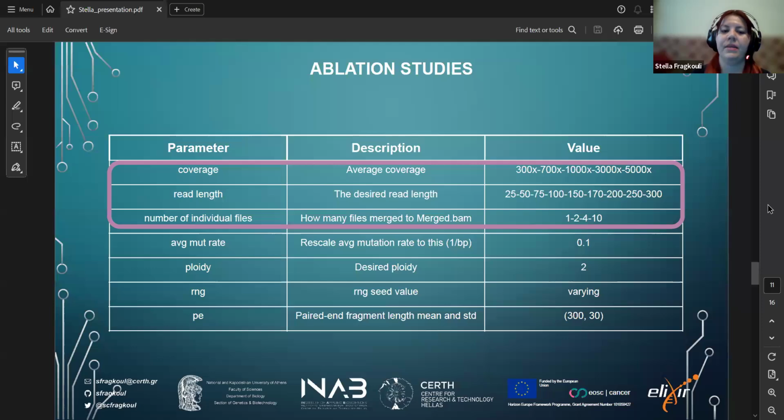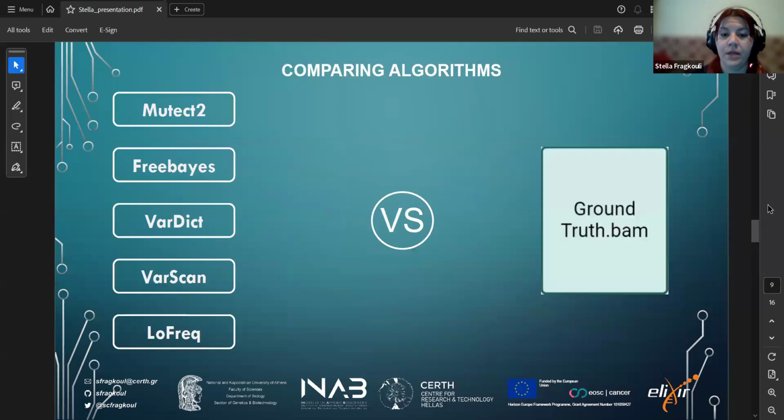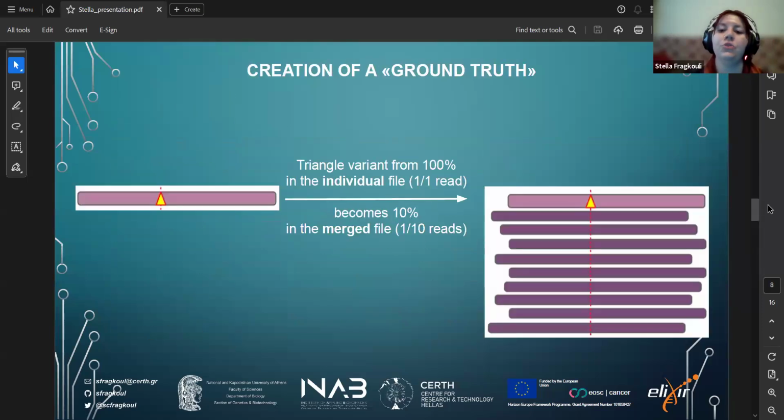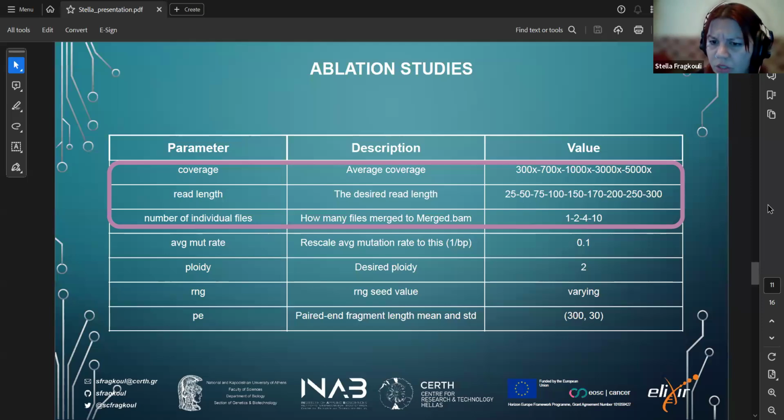And then we repeated that for the read length, from just 25 all the way to 300. And of course, we also played with the number of individual files. So in the case of this toy example, instead of having 10 individual files, we had 2 and 4.